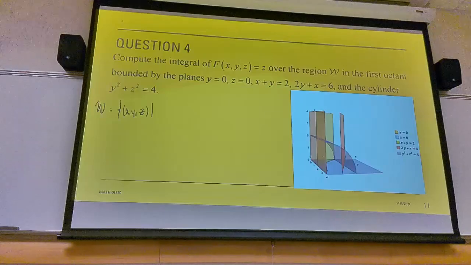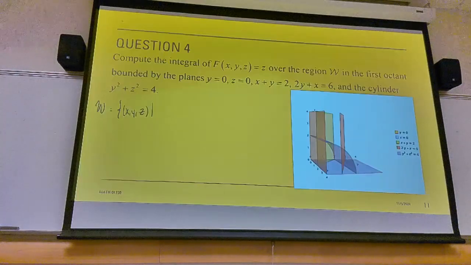The height is very easy to find, isn't it? If you move around that region, what is the height? Between 0 and 2. Square root of 4 minus y squared. And it's the floor to the ceiling, which happens to be that cylinder.